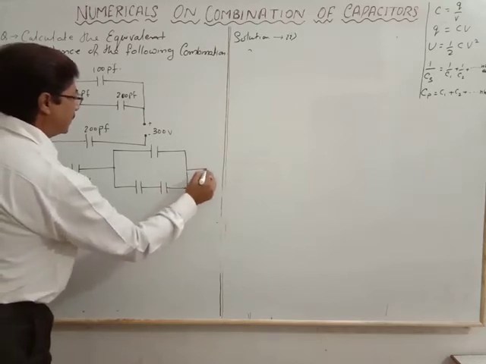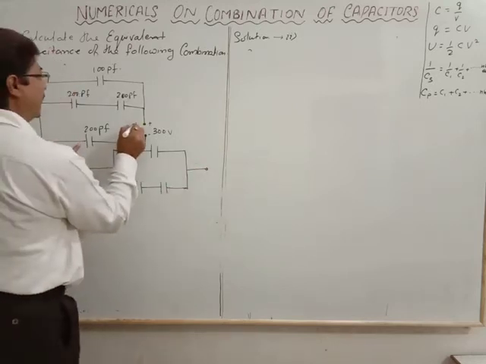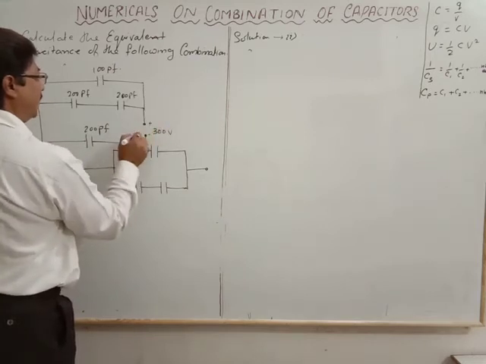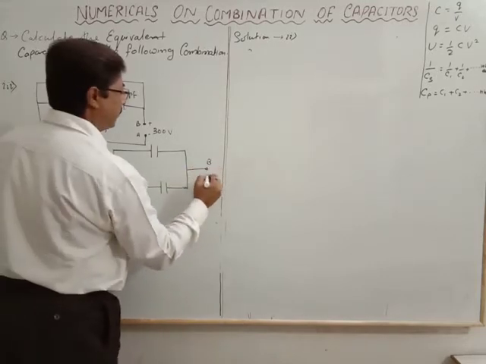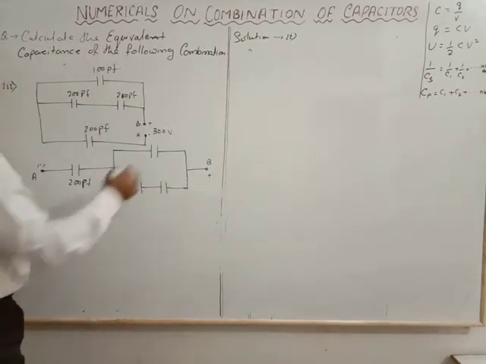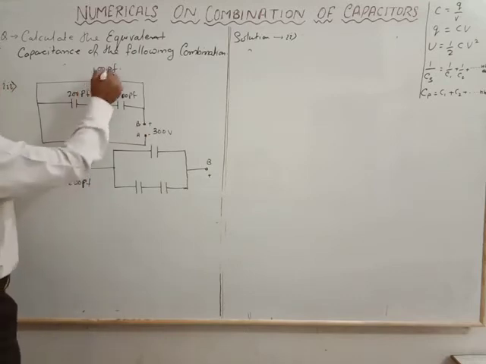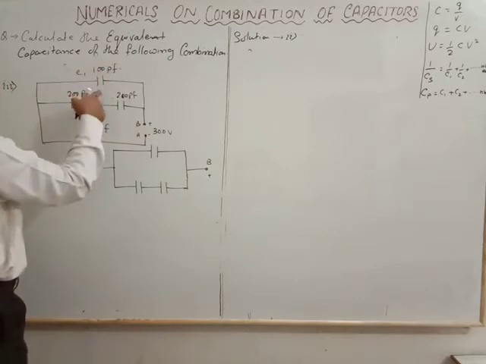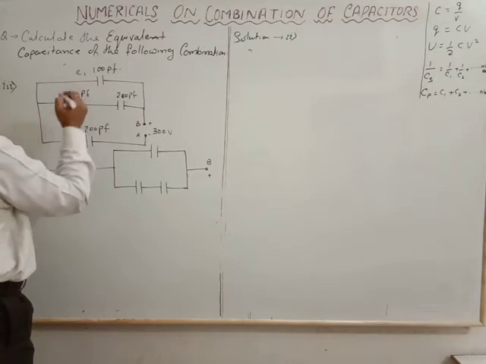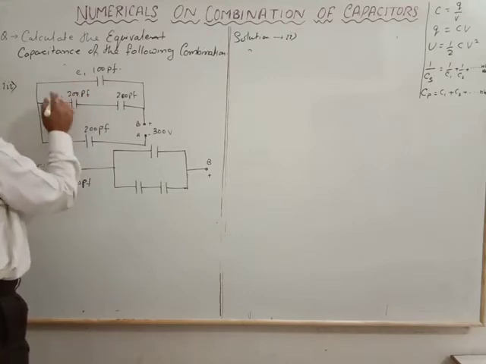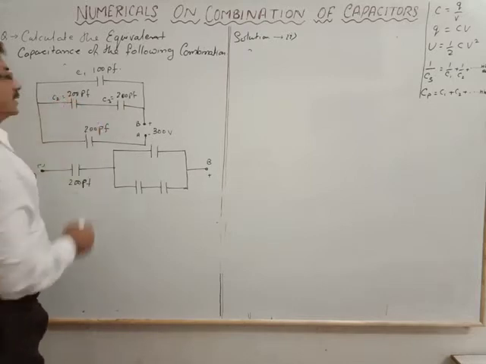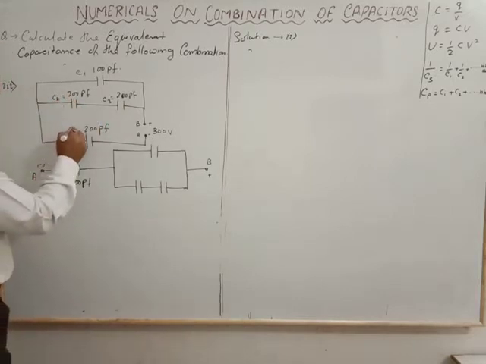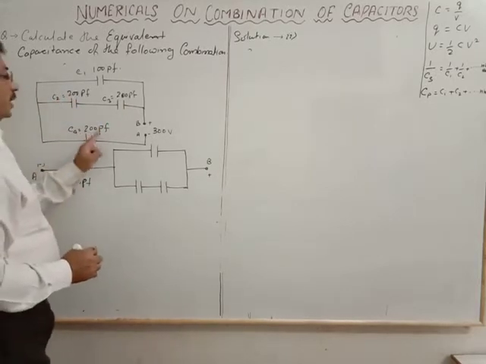Let the terminals be named A and B. A is here, that is the negative one, and B is here, that is the positive one. So this is capacitor C1, this is C2, this is C3, capacitance 200 picofarad, and this one is C4 of 200 picofarad.